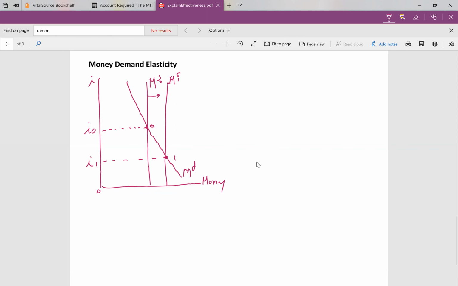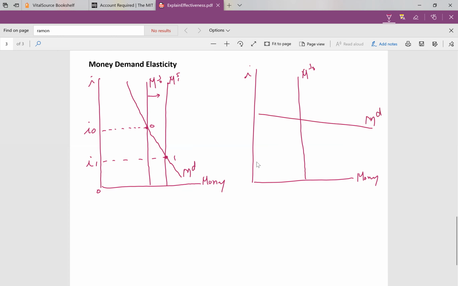Now, let's suppose that the money demand is not as inelastic as this money demand I have in this illustration. So let me draw the money supply and then a rather flat money demand.